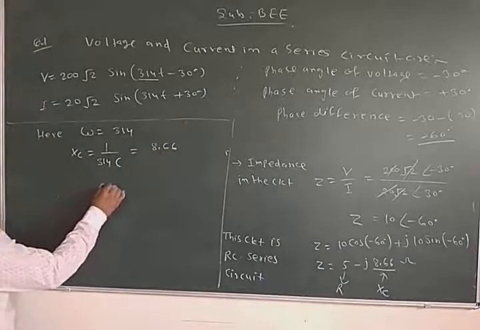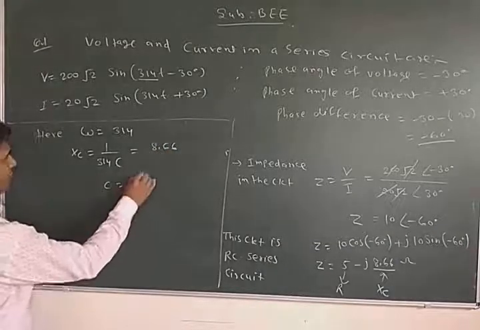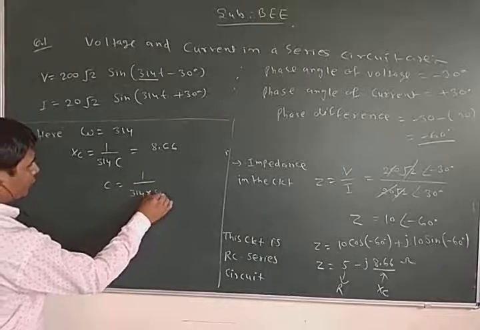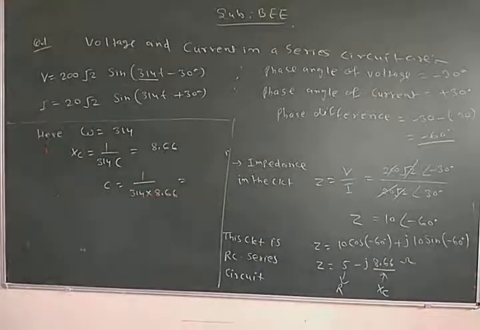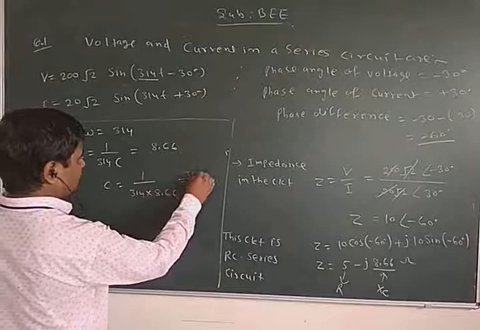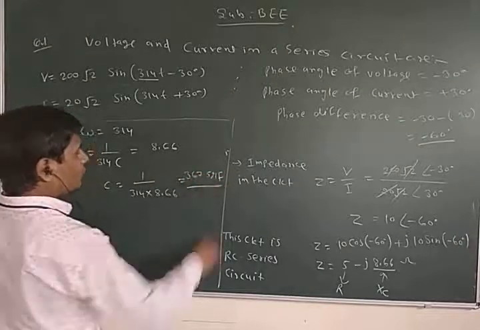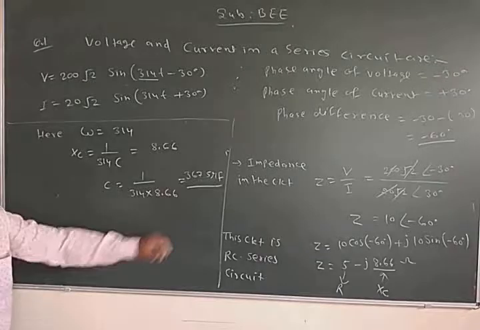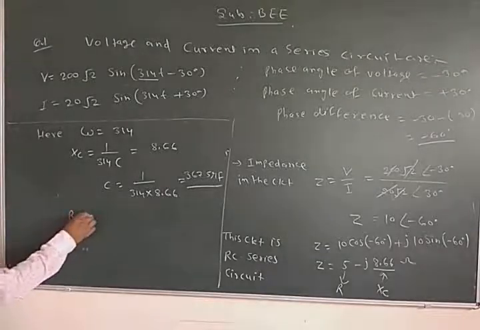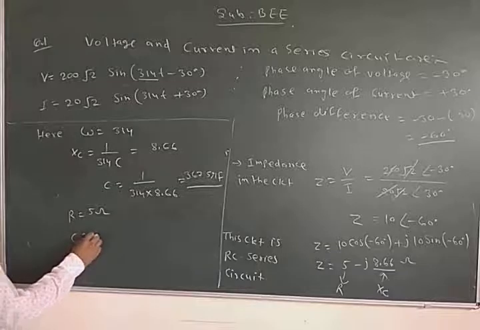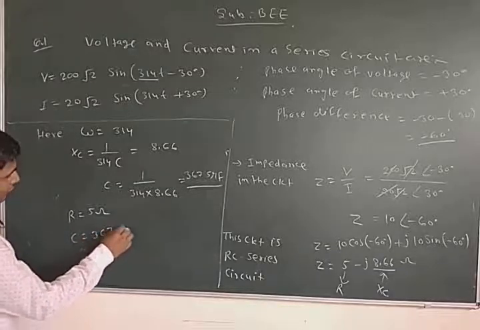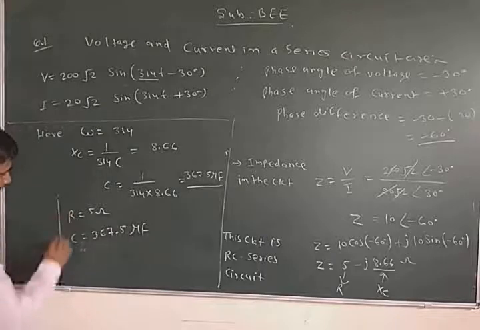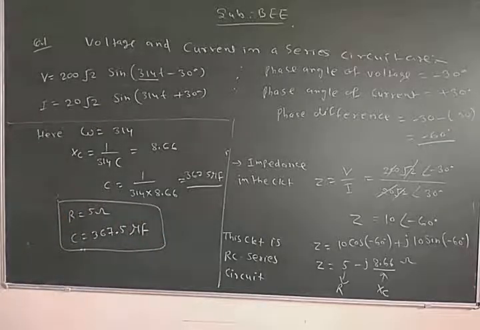So omega C is equal to 1 upon 340 into 8.66 farad. In this way, the value of C is 367.5 microfarad. So the circuit parameters are R is equal to 5 ohm and C is equal to 367.5 microfarad. These are the circuit parameters.